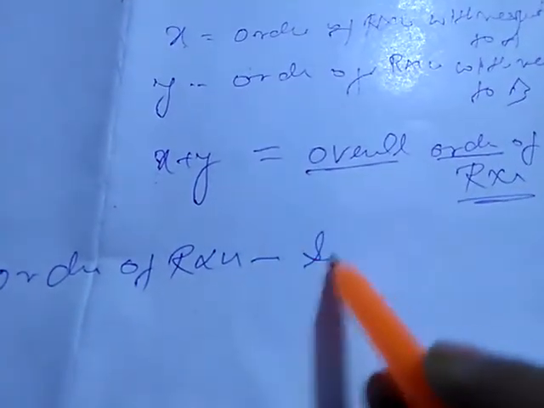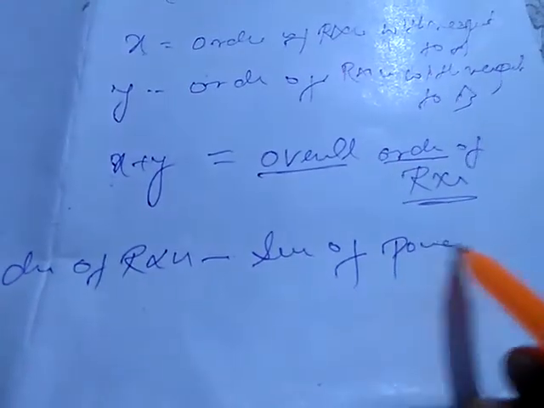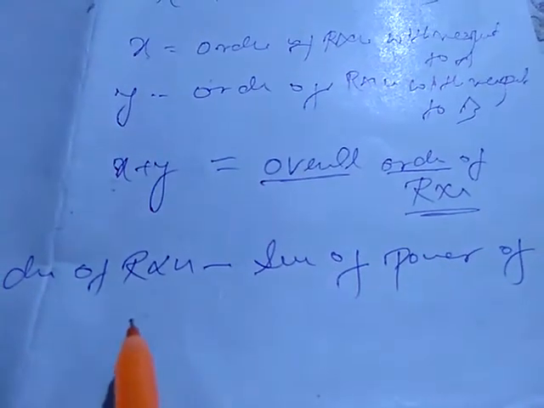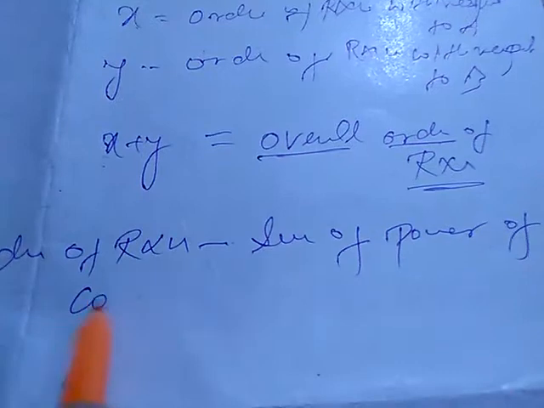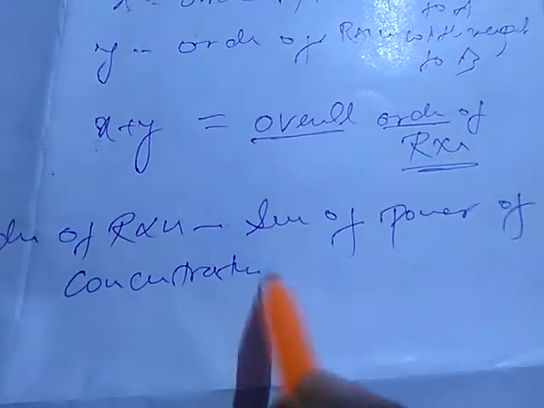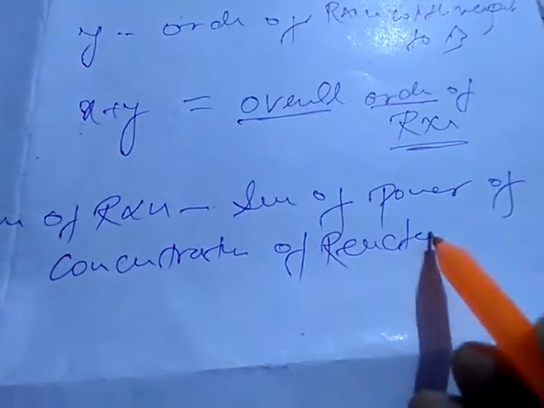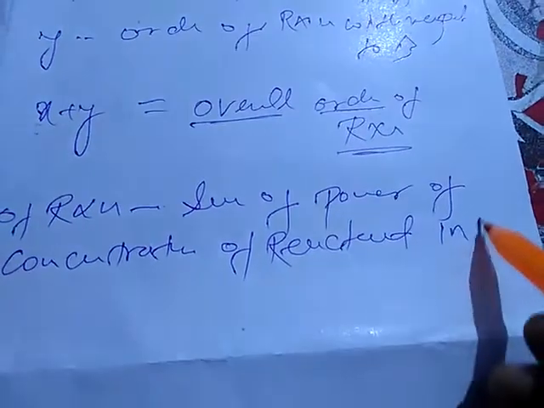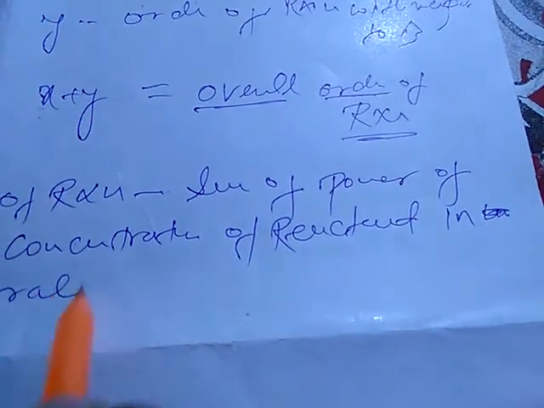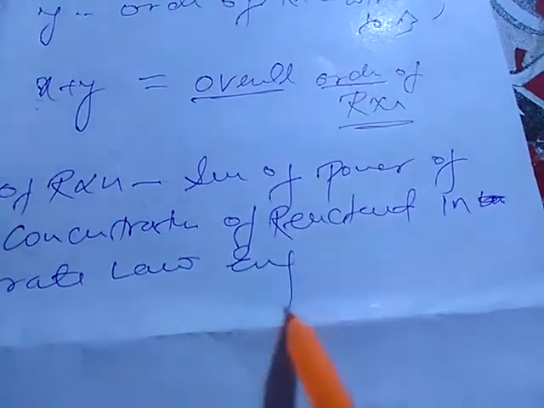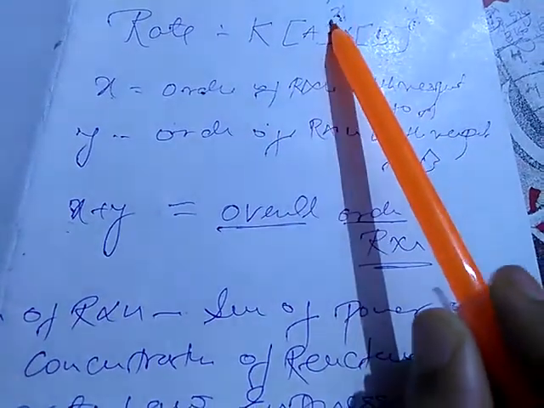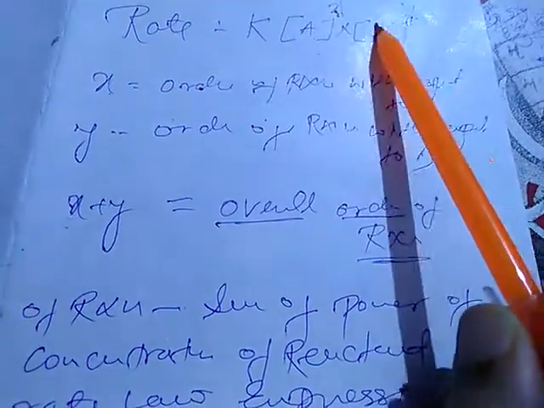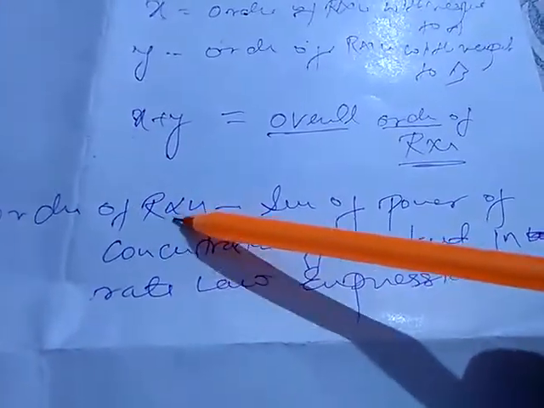It is the sum of powers of concentration of reactants in the rate law expression. In this rate law expression, the sum of the powers of the concentrations is called the order of reaction.